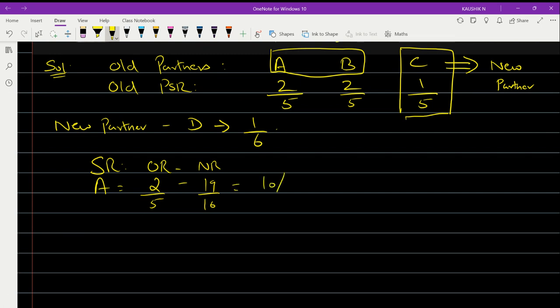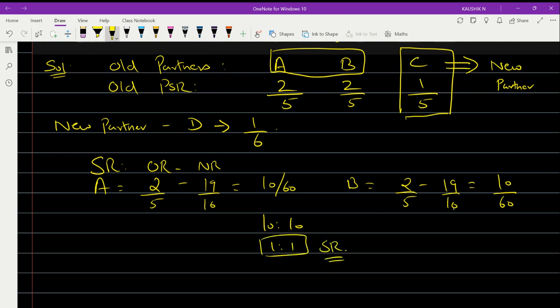This will give you 10 by 60. Similarly, for partner B, also the same value, 2 by 5 minus 19 by 60, that is equal to 10 by 60. So 10 is to 10 is 1 is to 1. This is our sacrificing ratio. Hope it is clear.